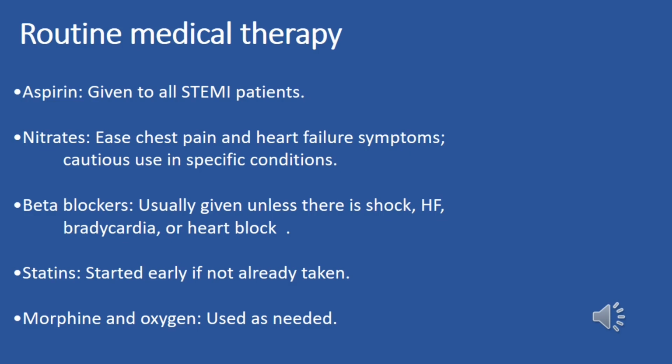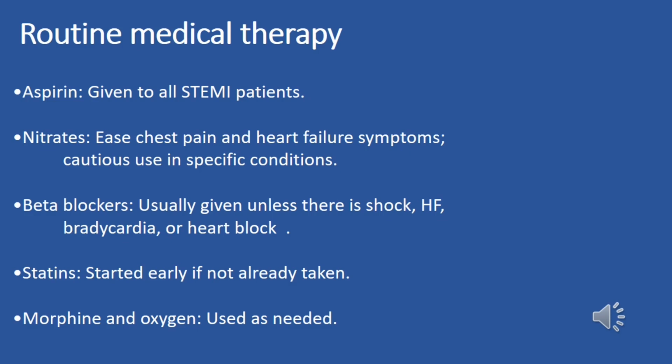Beta blockers. We use beta blockers for most of the ST elevation MI patients who do not have shock, heart failure, bradycardia, or any heart block. Statins in patients with ST elevation MI who do not already take a statin. Statin is typically started as soon after the presentation to the hospital.